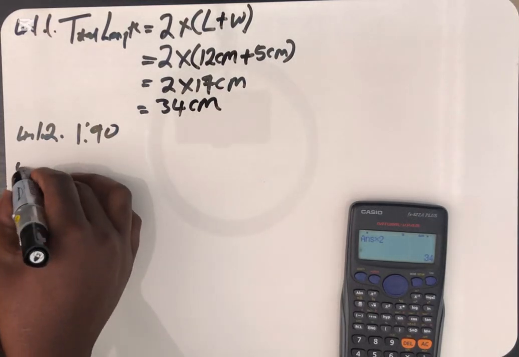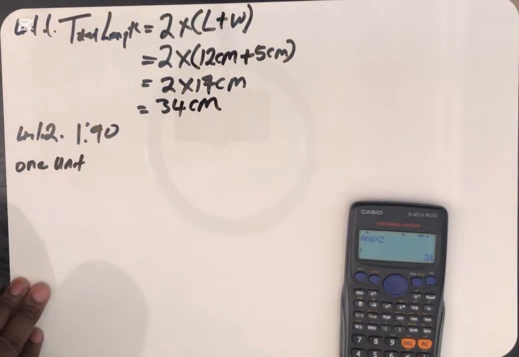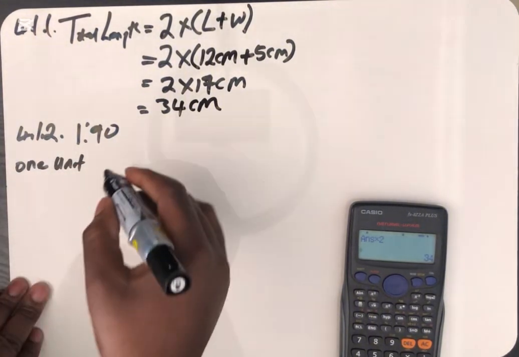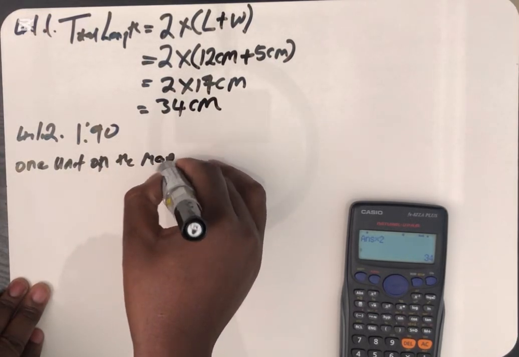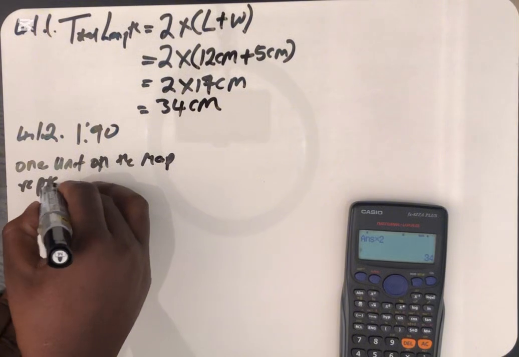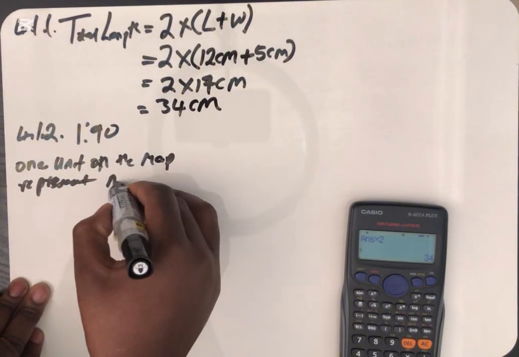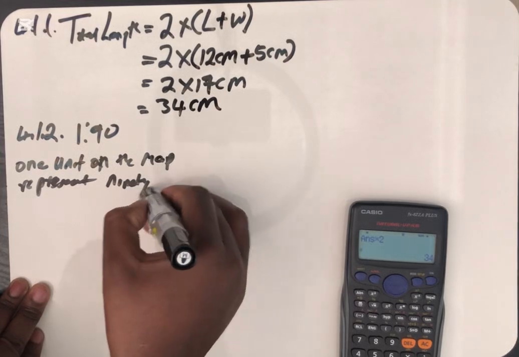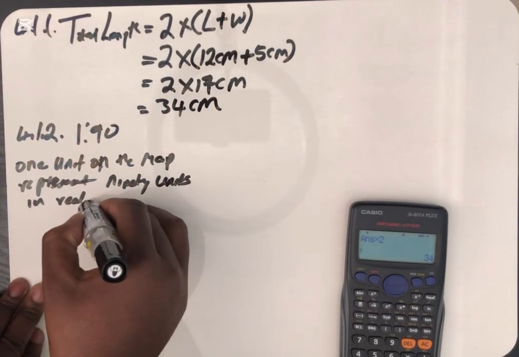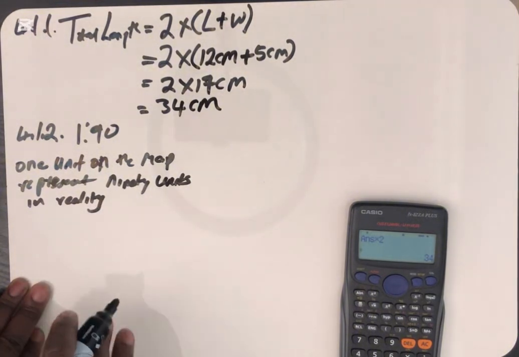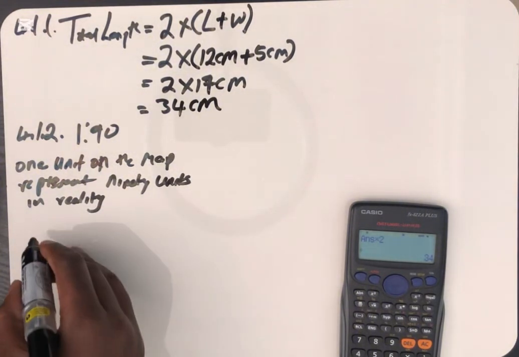Like 1 must be 1 unit. One unit on the map represent 90 units in reality.